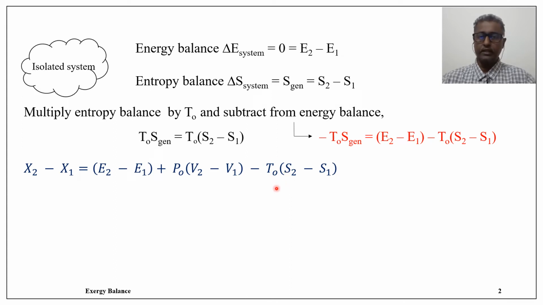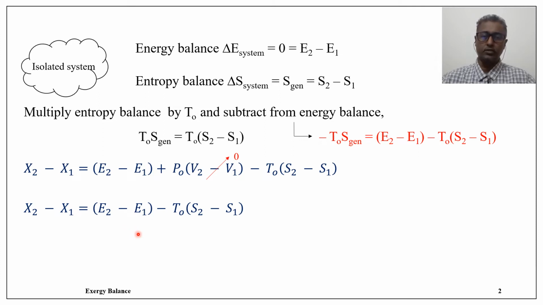Since it is an isolated system, there is no change in volume, and hence the middle term in the exergy equation can be cancelled, and the exergy change for the isolated system is now given as X2 minus X1 is equal to E2 minus E1 minus T naught times (S2 minus S1).